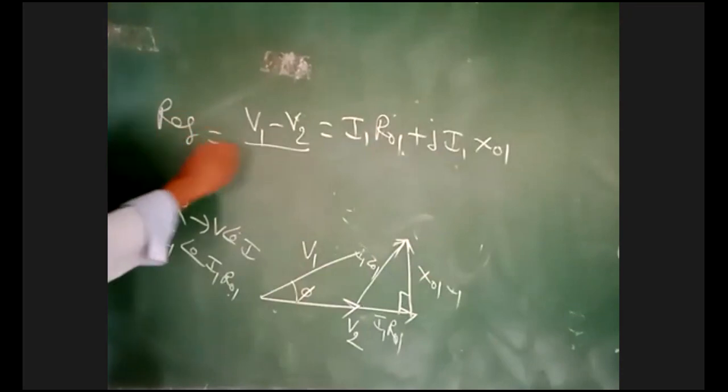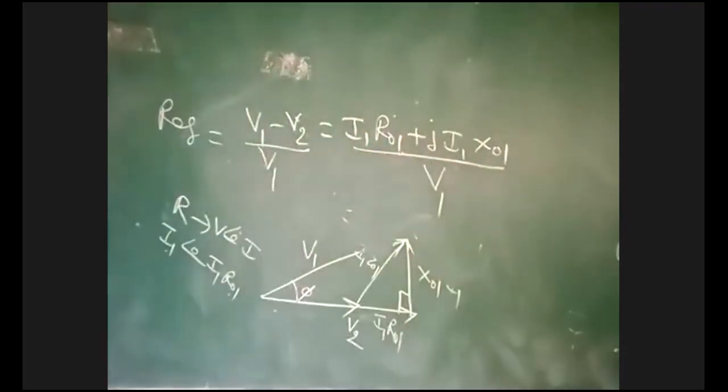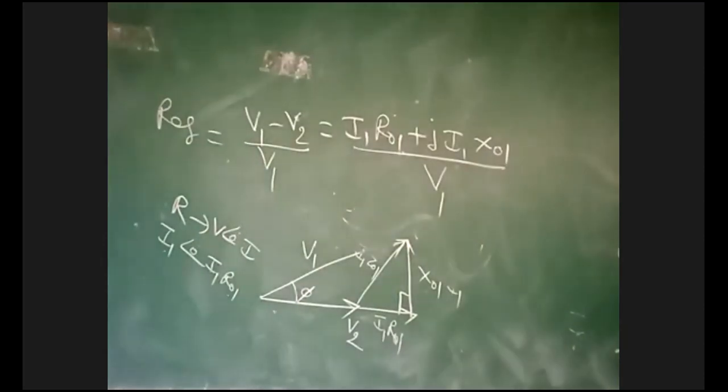Regulation means divide by V1. Up to here you note down, then I will show in the textbook. Otherwise in the next class we will discuss this. Regulation is equal to V1 minus V2 by V1, that is equal to I1 into R01 plus J into I1 X01 by V1.